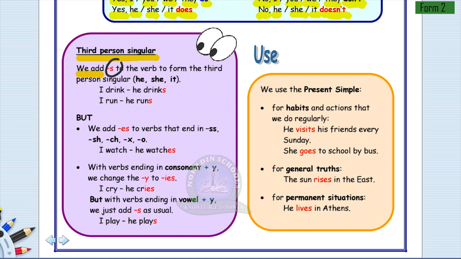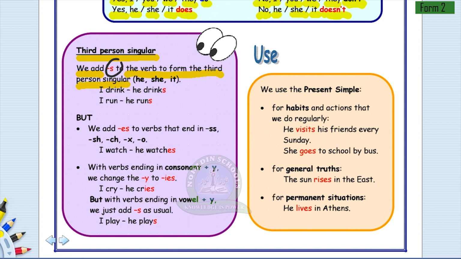We add s or es to the verb to form the third person singular.